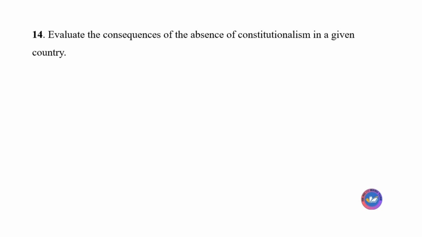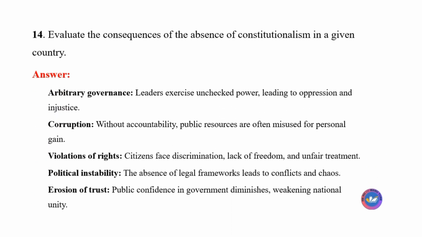The answers include arbitrary governance, where leaders exercise unchecked power leading to oppression and injustice; corruption, which is without accountability, public resources are often misused for personal gain; violation of rights, where citizens face discrimination, lack of freedom, and unfair treatment; political instability, where the absence of legal frameworks lead to conflicts and chaos; erosion of trust, where public confidence in government diminishes, weakening national.